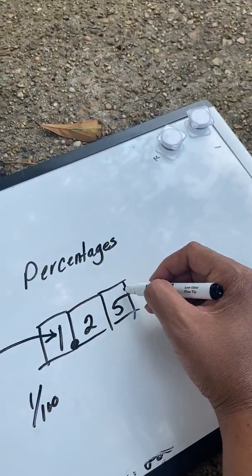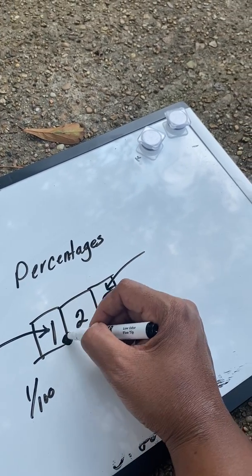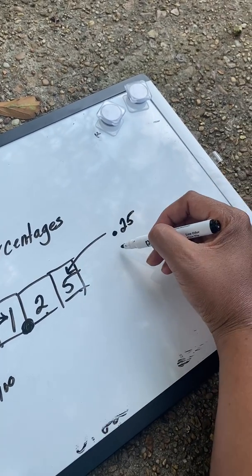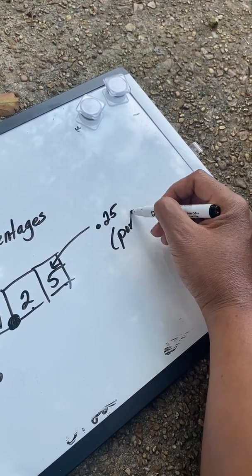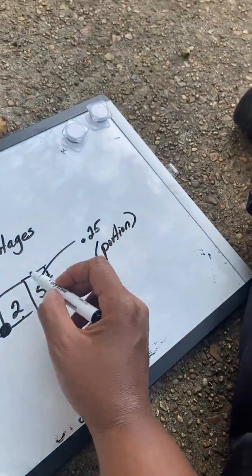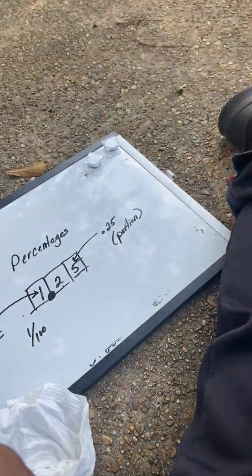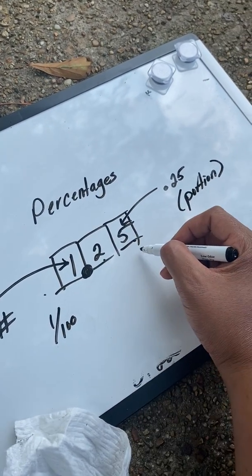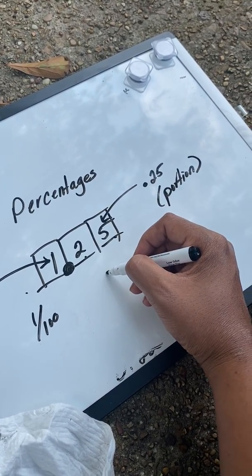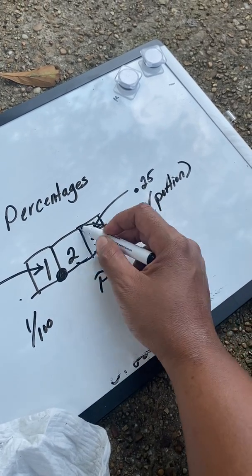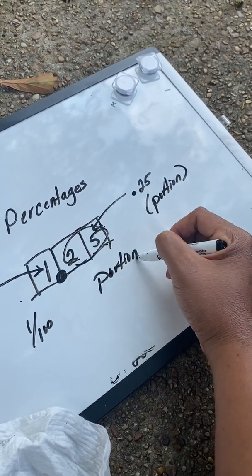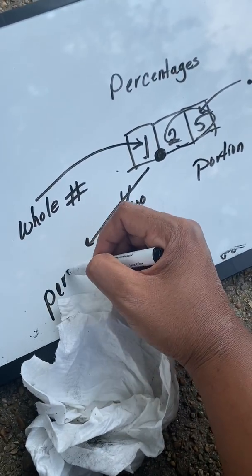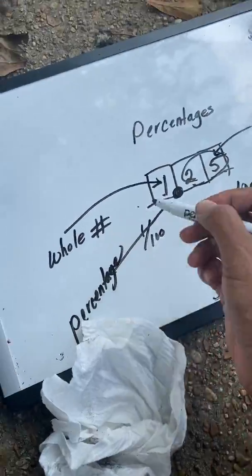Everything to the right of this decimal, 25, is a portion of this whole number. So everything to the right of the decimal is the portion. Everything to the left is a percentage.